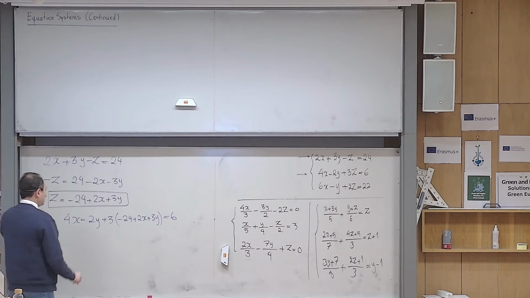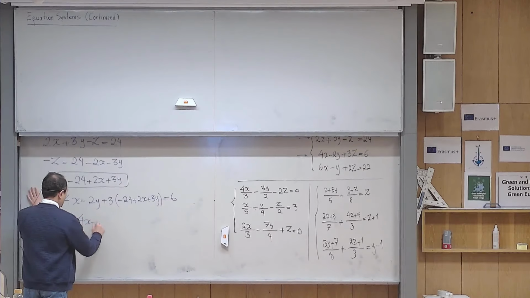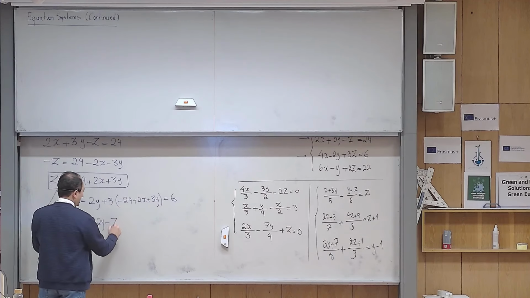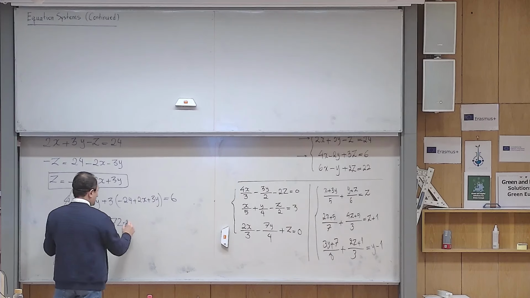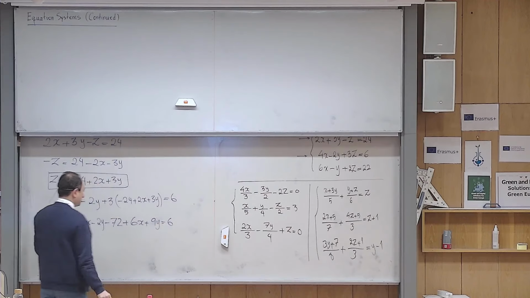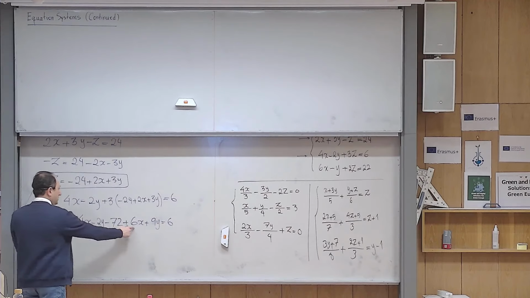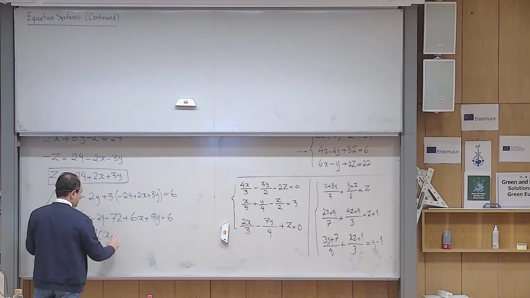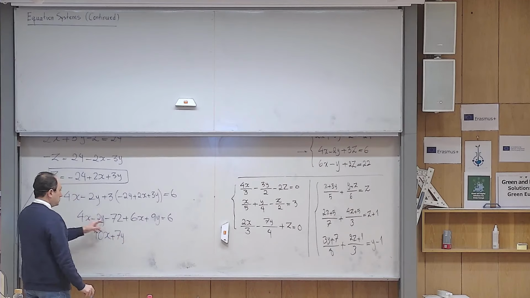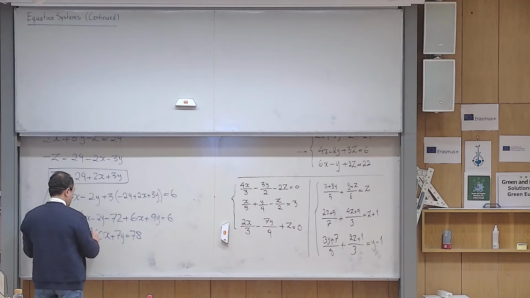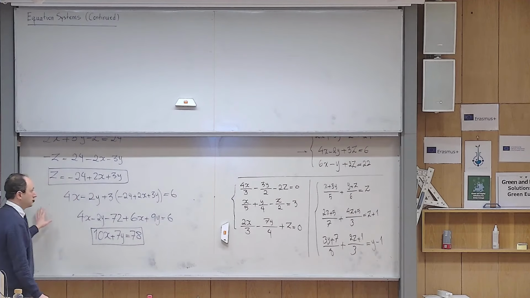Okay, and then 4x minus 2y, I multiply 3 in. 3 times 24 is 72, but negative. 3 times 2 is 6x, and then 3 times 3 is 9y, is equal to 6. And then I simplify. 4x plus 6x is 10x, minus 2y plus 9y is 7y. Then I move 72 to the other side. It becomes positive 72. I have a 6 there. It becomes 78. So that is one of the equations I was looking for.